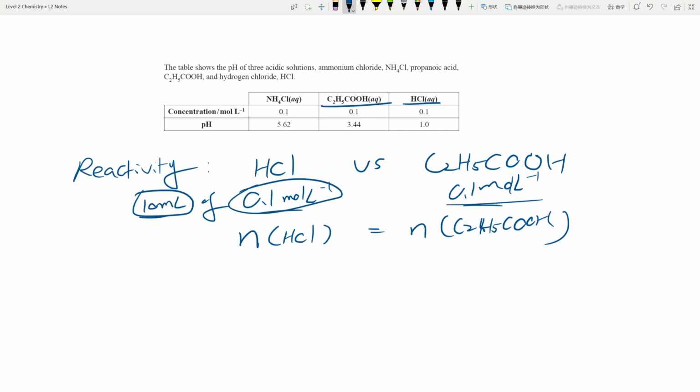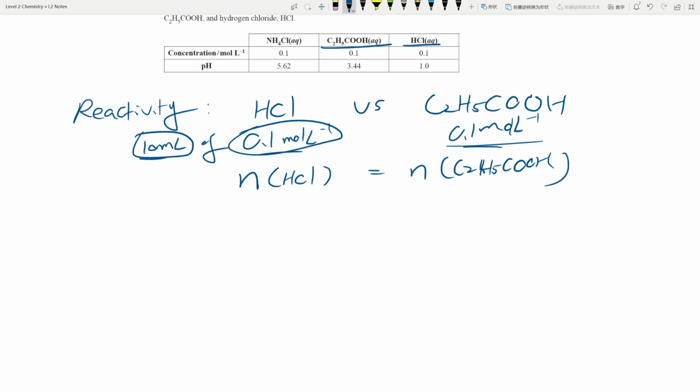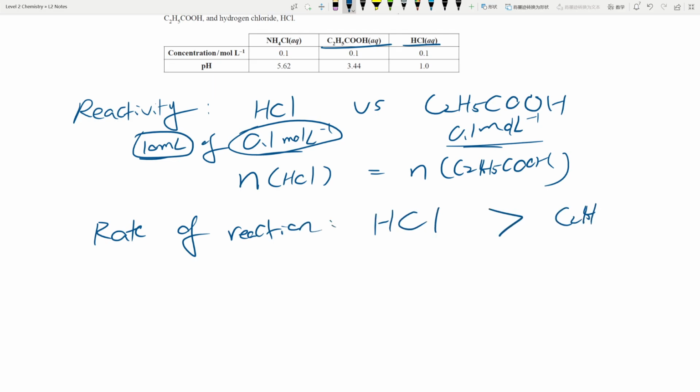However, these two acidic solutions are going to have different rates of reaction. HCl is going to be much faster compared to C2H5COOH, even though the amount is exactly the same.